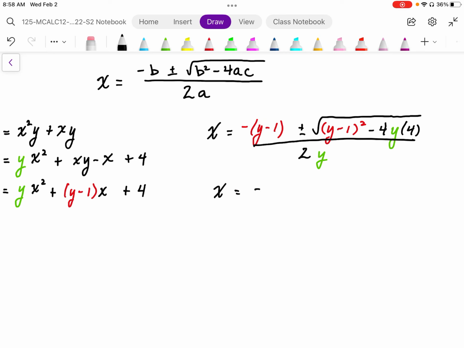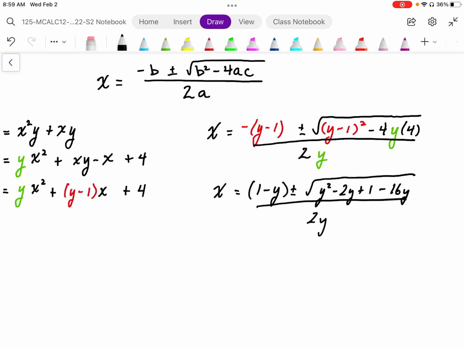So I end up with negative, I'm going to rearrange that to 1 minus y, plus or minus, maybe I'll keep that in brackets, the square root of y squared minus 2y plus 1 minus 16y. I'm going to group my like terms, and in the denominator, I get 2y.